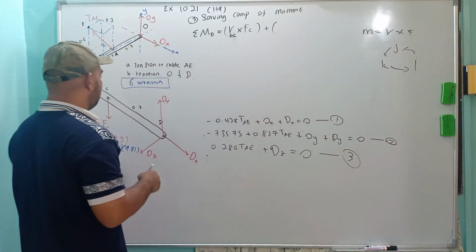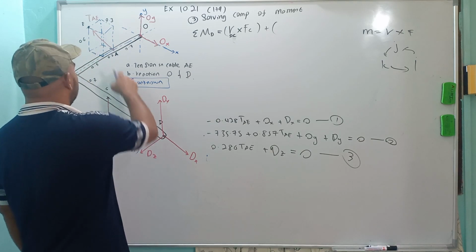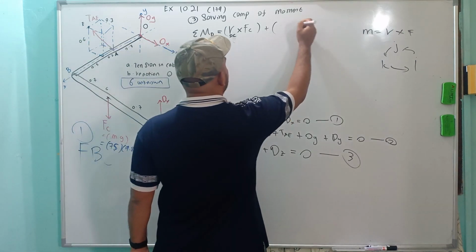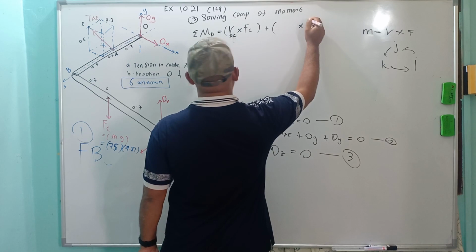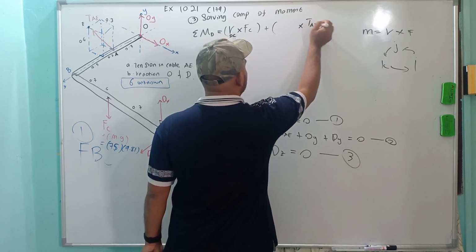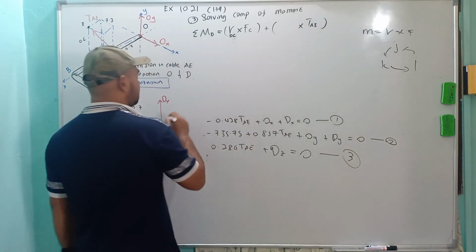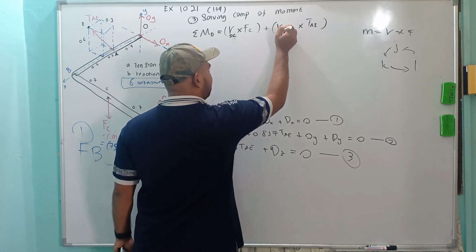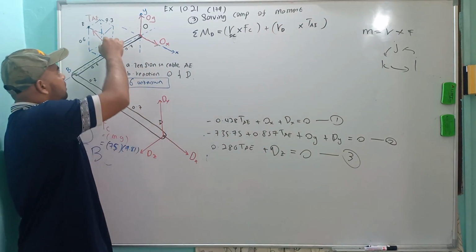Plus moment of point D because of what? This one. Cross TAE. Okay, so R from D to any point on this line.